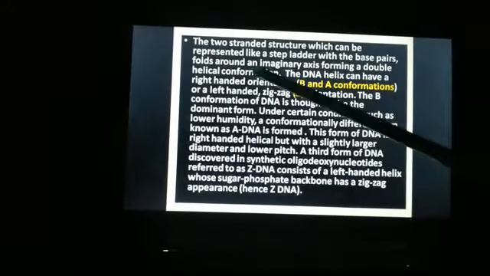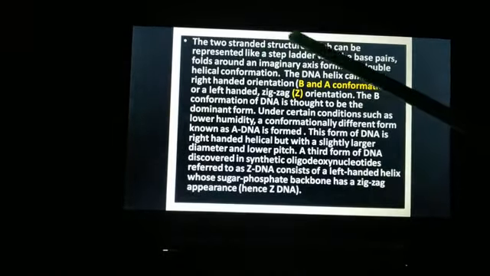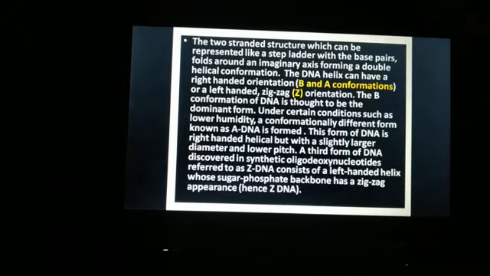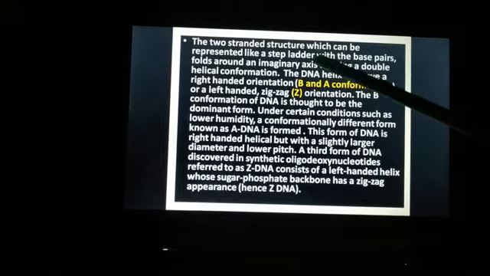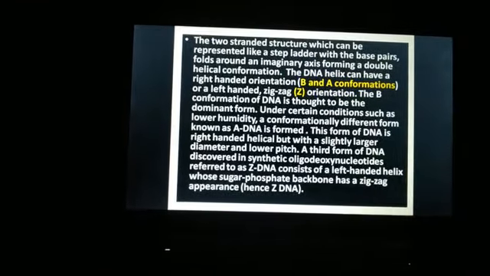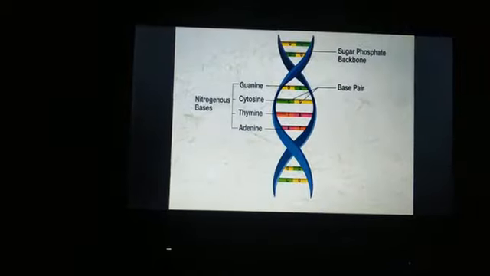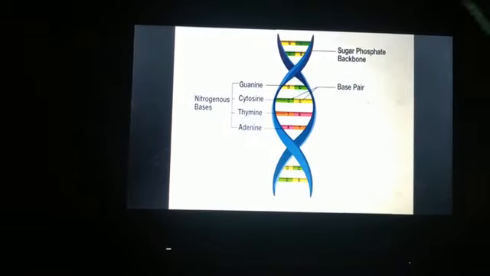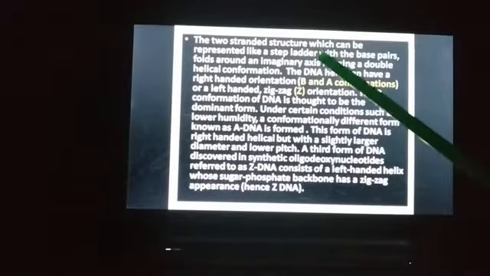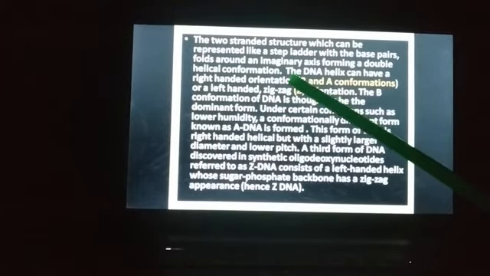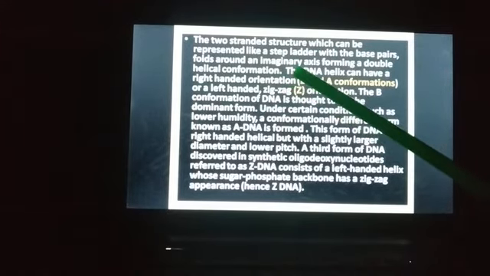Till now we know that the two strands can be represented like a ladder with the bases folded around an imaginary axis, forming a double helical formation. So this structure is like a ladder, isn't it? Now the DNA can be of 3 different types according to the orientation, according to the configuration they have.